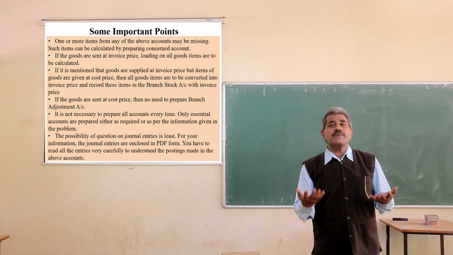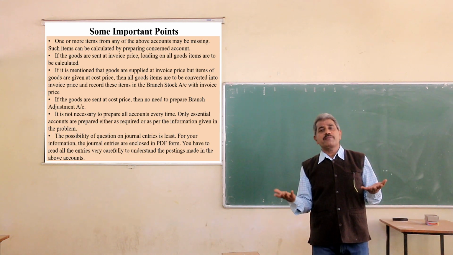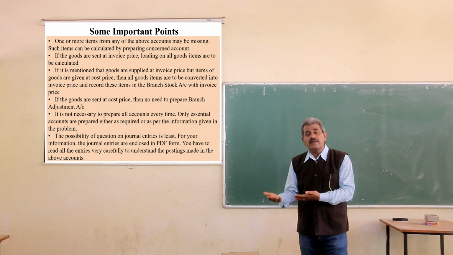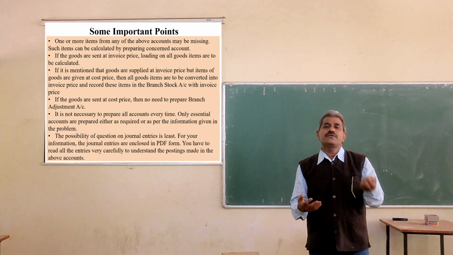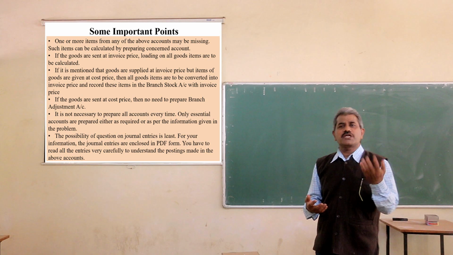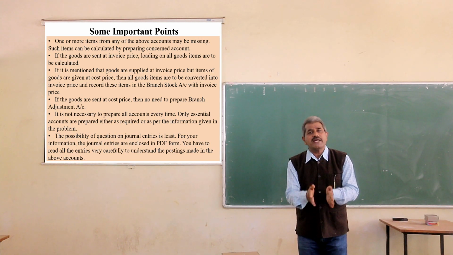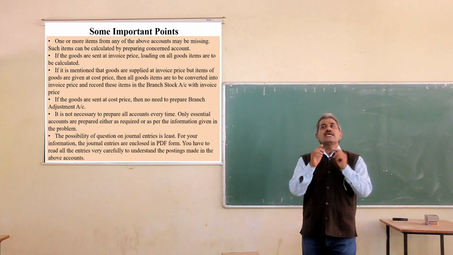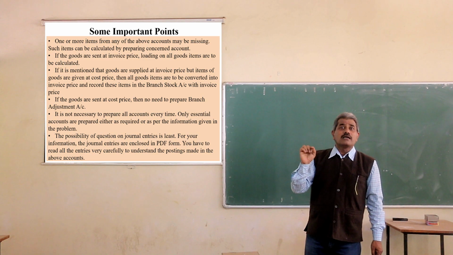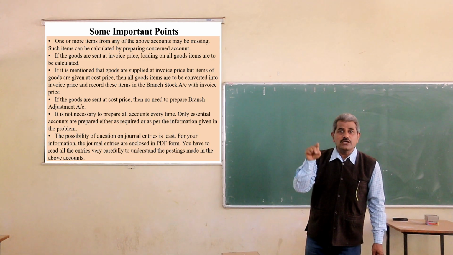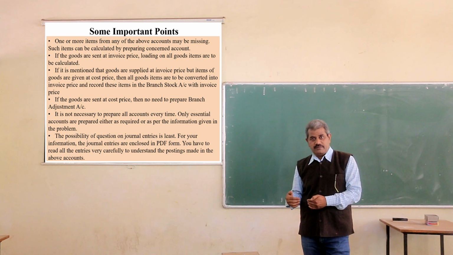Every time you will not be asked to prepare all the accounts. Sometimes you may be asked for a few accounts out of these 1, 2, 3, 4, 5 accounts. So preparation of accounts depends upon what is required, which accounts you have to prepare, or as per the information given in the problem.